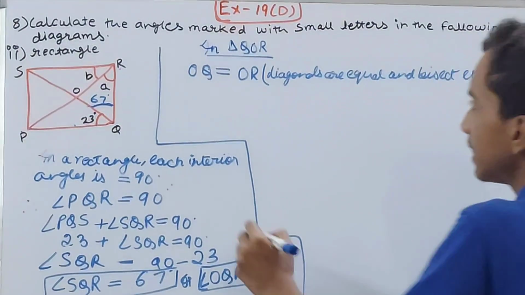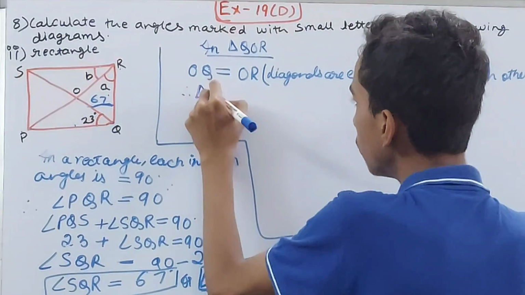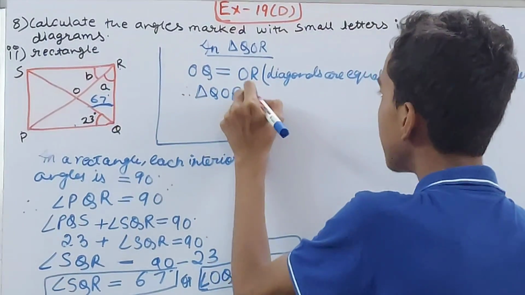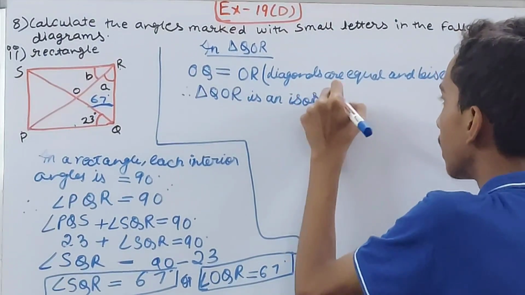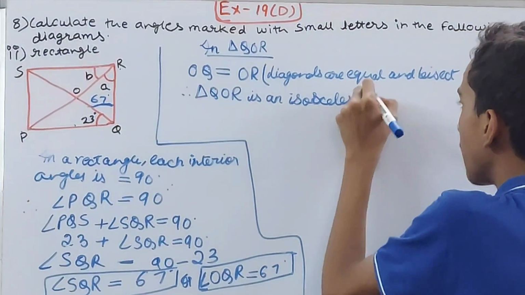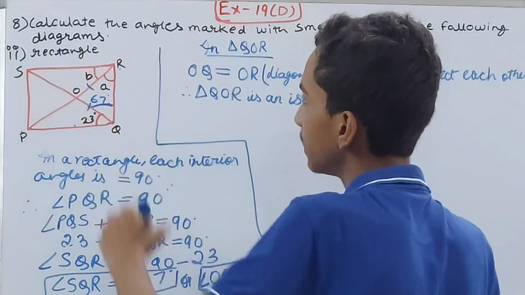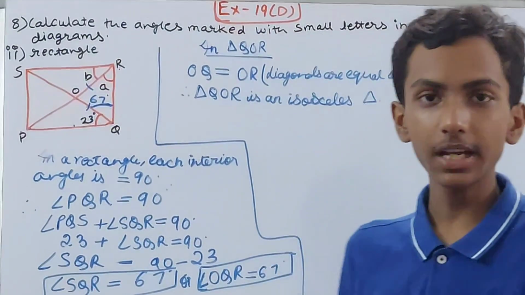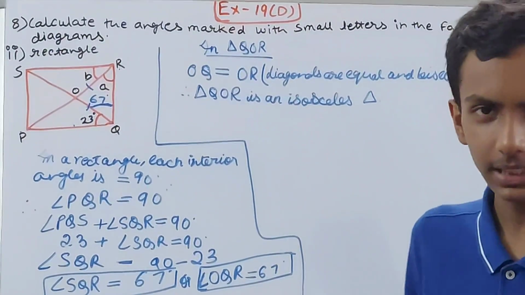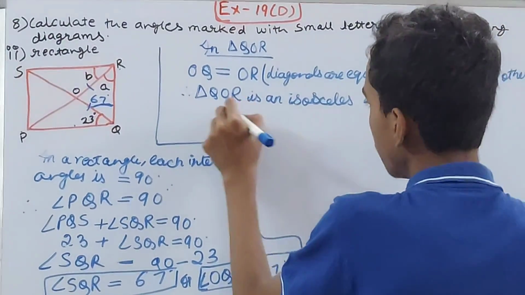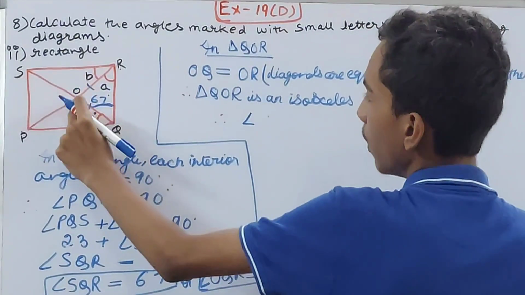Now that means therefore triangle QOR is an isosceles triangle. Okay, that means what? This side it is equal to this side. We have proven two sides are equal, therefore their angles will also be equal. It is the property of an isosceles triangle. Therefore which two angles will be equal?